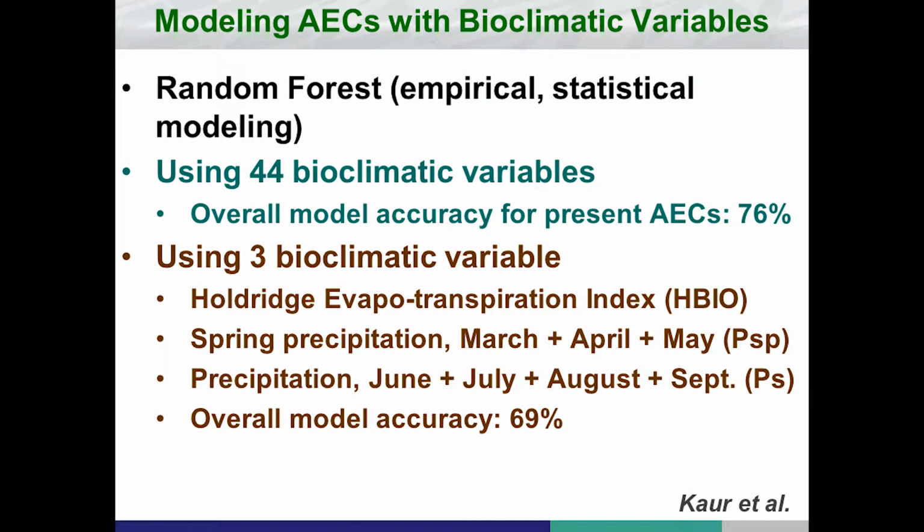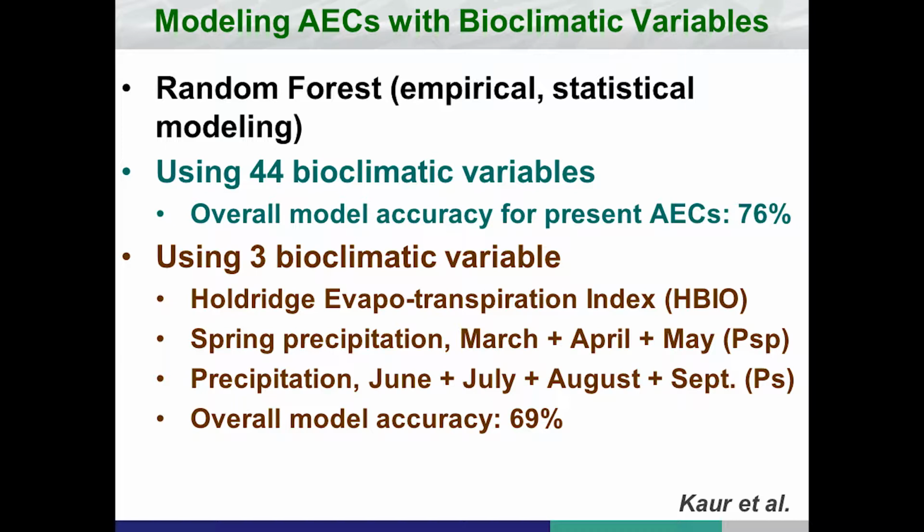Not bad for just bioclimatic variables, remembering that, again, the land use is expression not just of biophysical kinds of drivers, but also social economic drivers. So from that standpoint, we were actually pretty pleased that by just using bioclimatic variables, we can see that there's quite a bit of accuracy in terms of classifying where those classes would exist, the AECs.